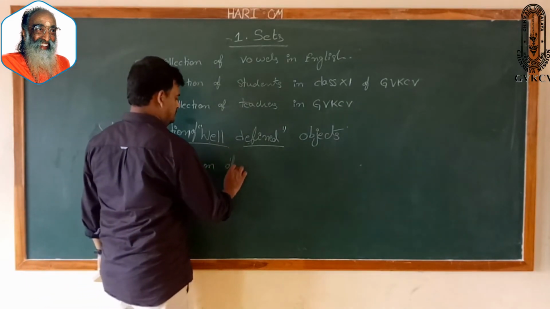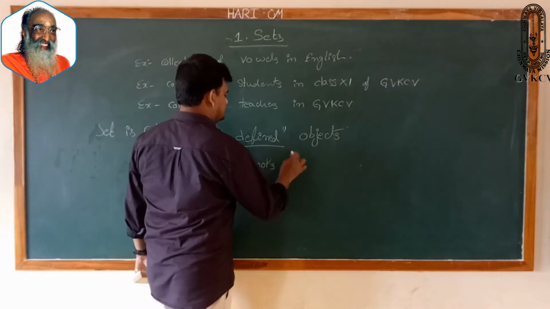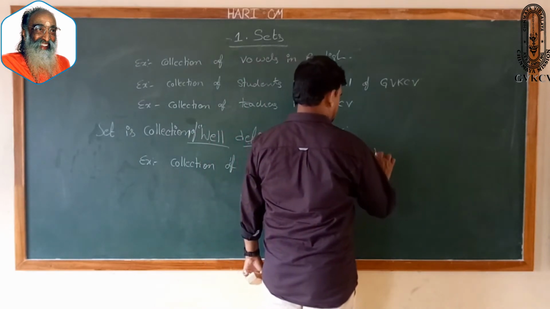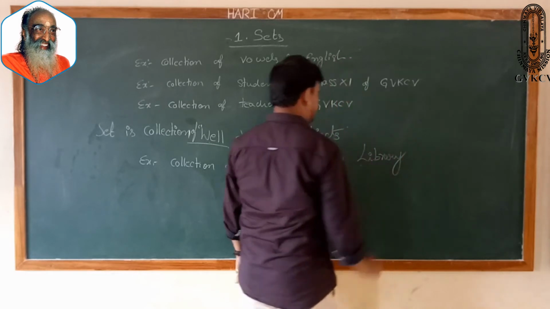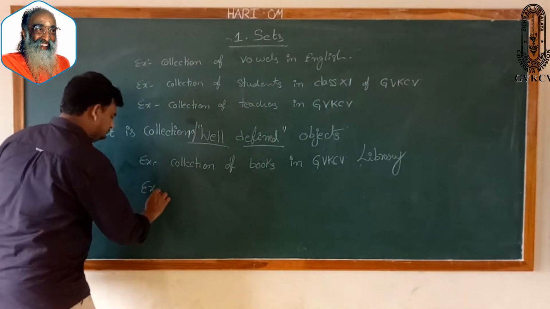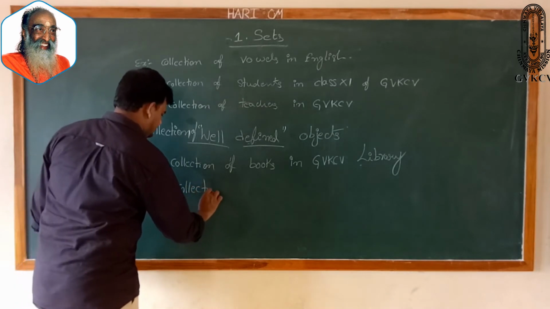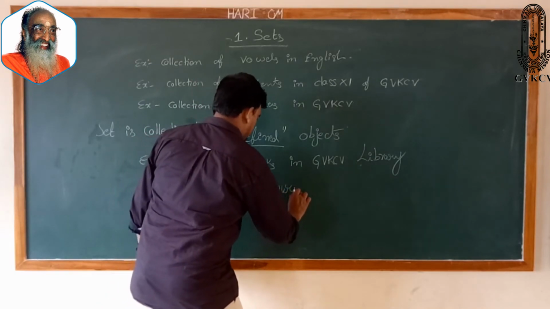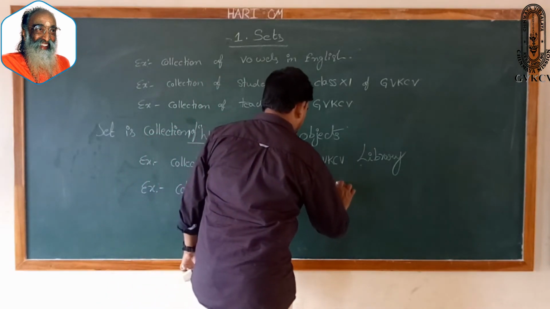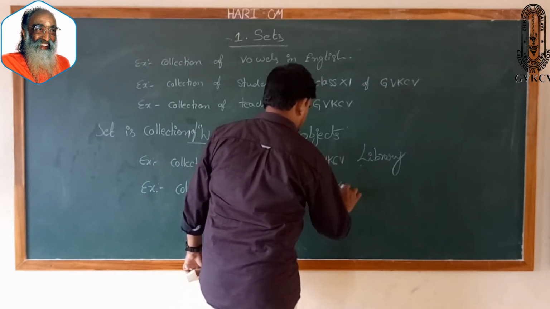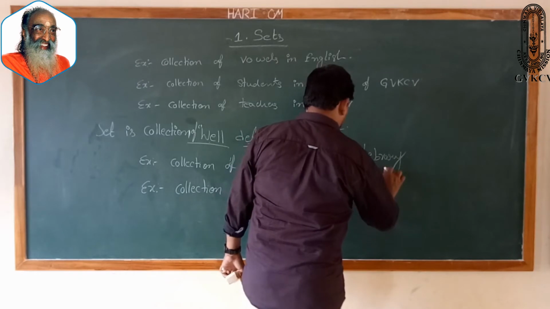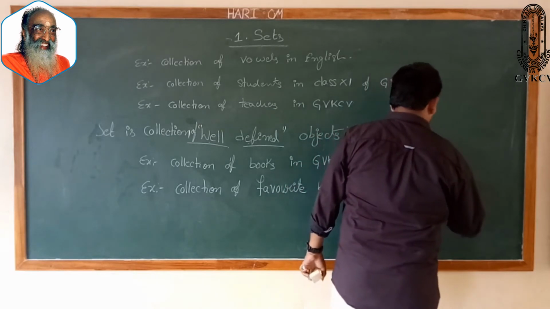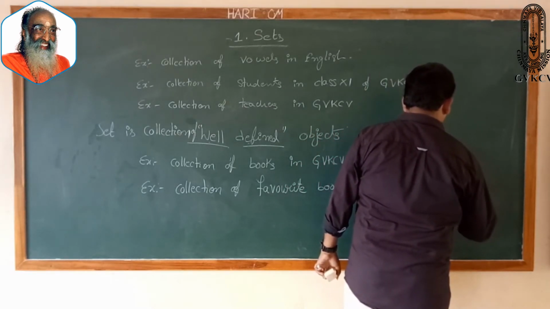Collection of books in GVKCV library. Collection of favorite books or places or animals or flowers, etc.